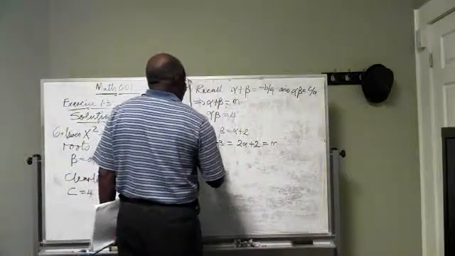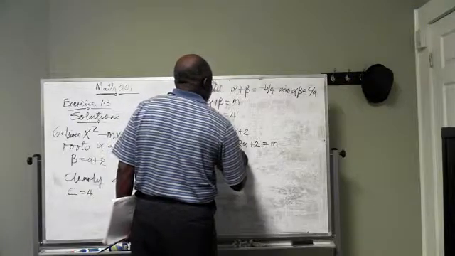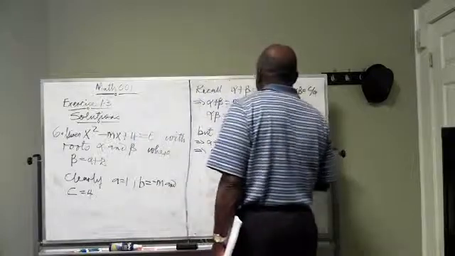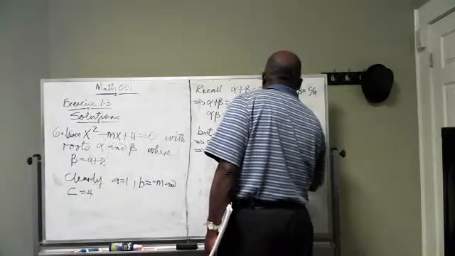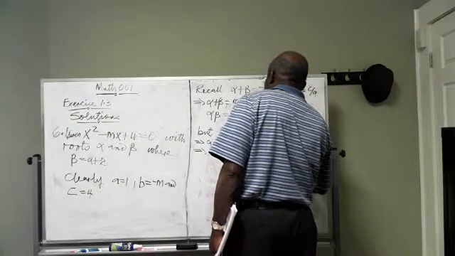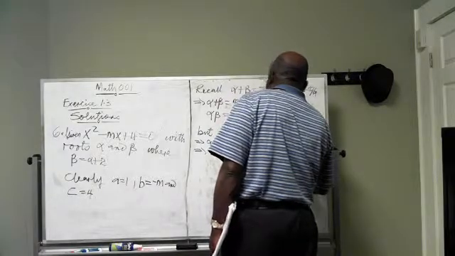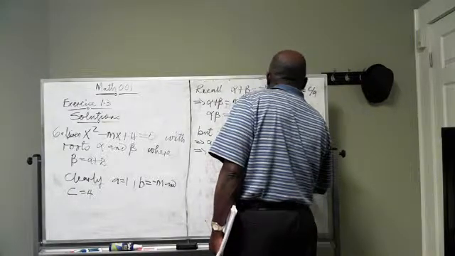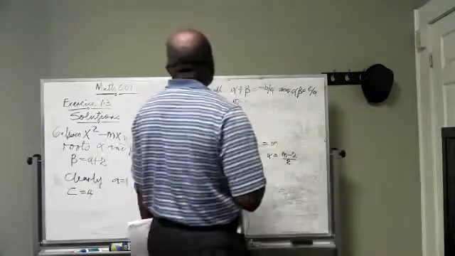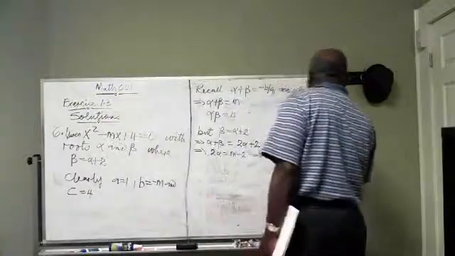Which results in 2 alpha being equal to m minus 2, and alpha being equal to m minus 2 all over 2. Let's note this as equation 1.